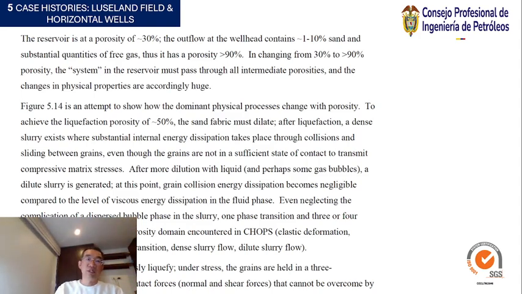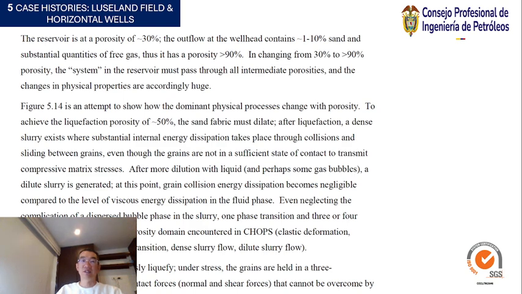The reservoir has a porosity of about 30%. The outflow at the wellhead contains about 1 to 10% sand and substantial quantities of free gas.